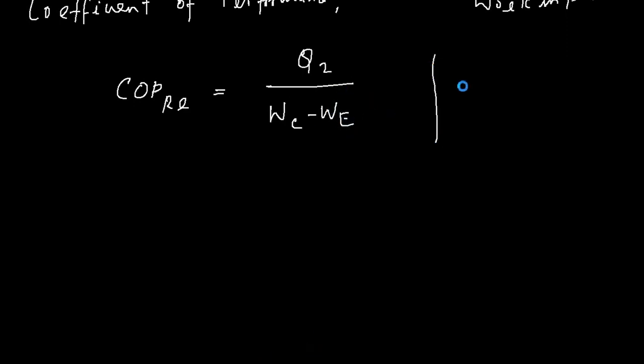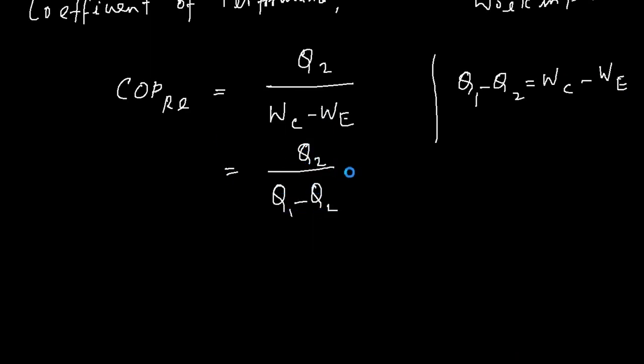But based on the first law, we can say Q1 minus Q2 equals WC minus WE. Therefore it will become Q2 over Q1 minus Q2, or you can say Q2 over net work or net heat, both same.